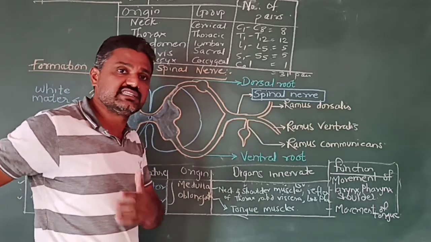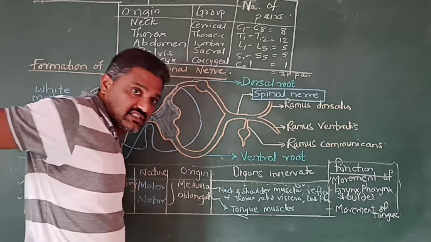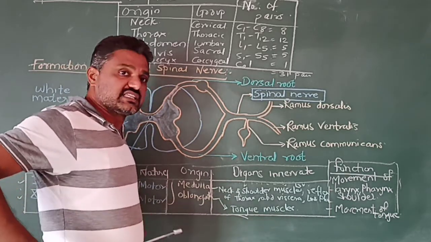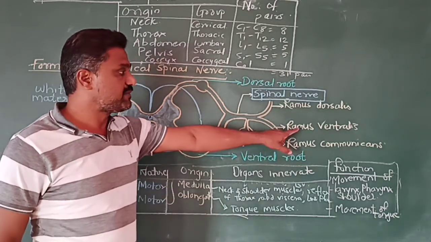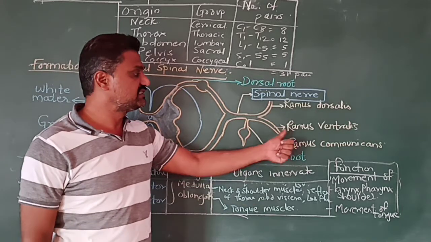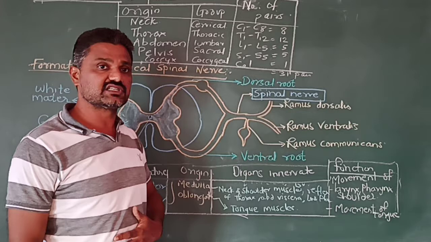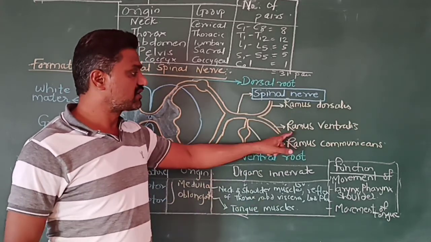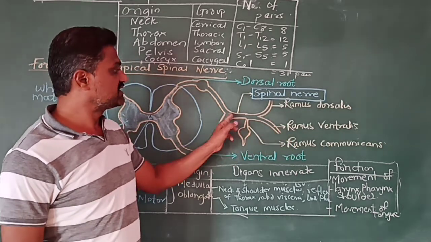The second branch goes towards the lateral sides and again the ventral side, so it is called the ramus ventralis. This branch innervates the abdominal muscles and the visceral internal organs, and is the longest branch of this spinal nerve.